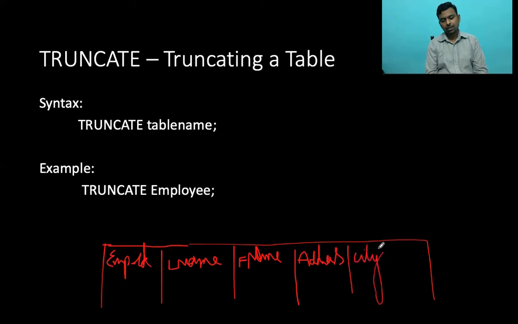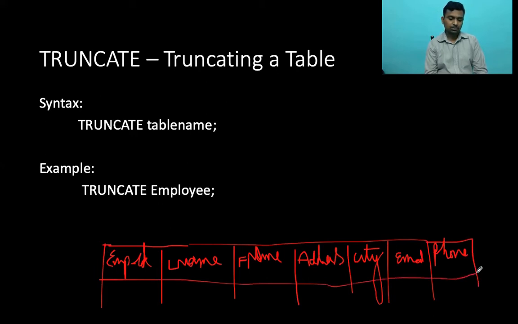What else have I added? Email and phone number. So these are the columns which I have added, and if at all it has some content inside, that can be deleted with the help of the truncate command.